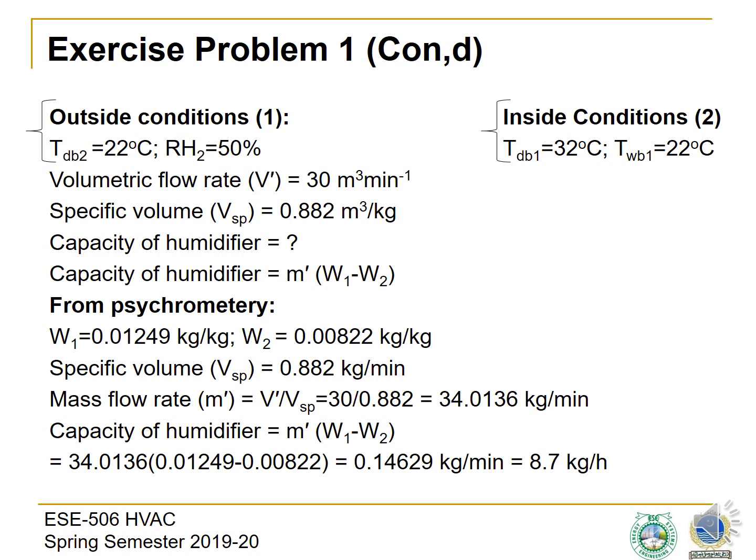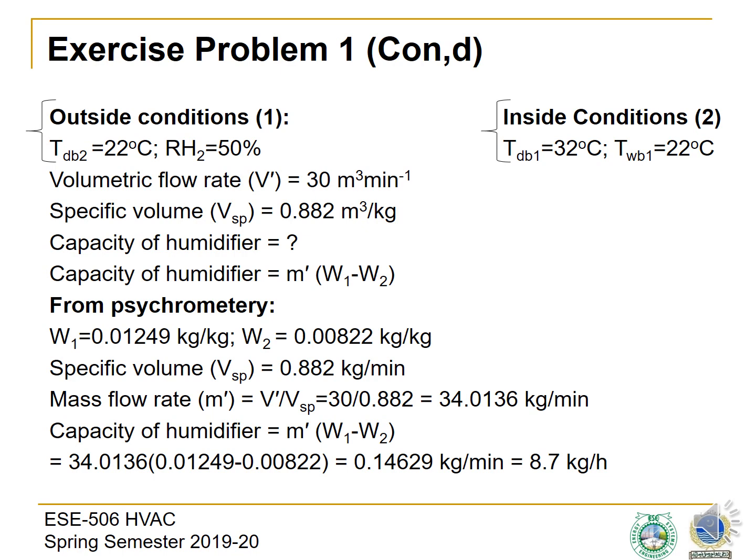So the capacity of humidifier is to be calculated, and the formula for the humidifier is m prime into change in humidity ratio, W1 minus W2. From psychrometry, W1 was calculated as 0.01249 kg per kg, and W2 was calculated as 0.00822 kg per kg.